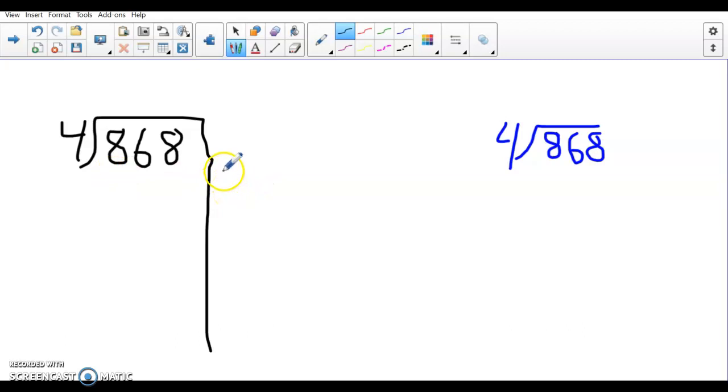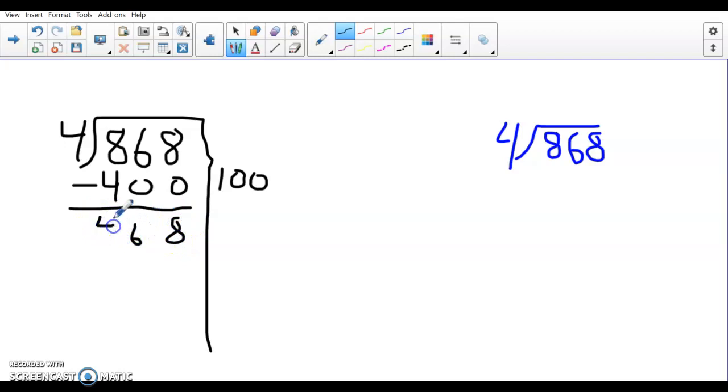That's 400. Yes, I can. So I'm going to put 100 groups of 4 is 400. If I'm thinking of apples again, if I had 868 total apples, I need to subtract 400 of those apples because I just put 100 groups of 4 onto their crates. And so when I subtract, I'm left with 468.